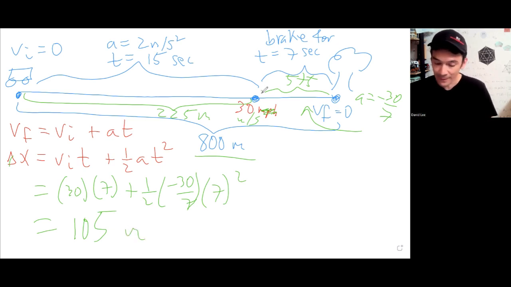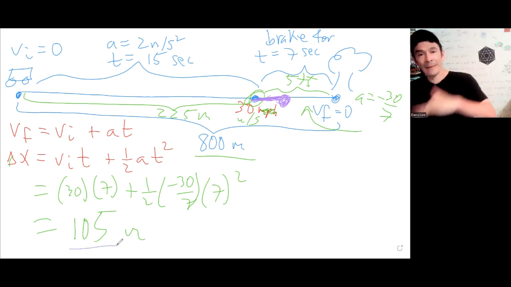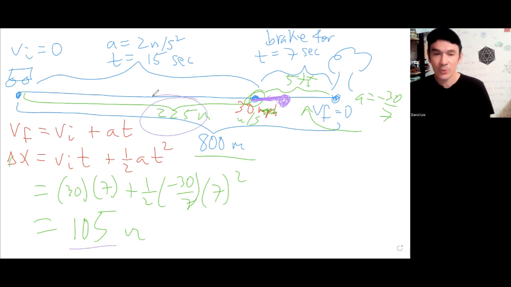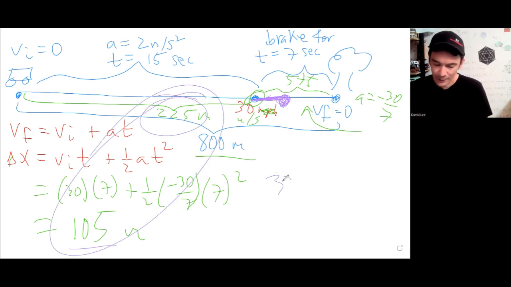That means that from the moment you started to slam on the brakes, you covered 105 meters. So let's say that here in purple, your car stopped right there because that little purple strand was 105 more meters beyond the first 225. And if you add those together, it's like 330.